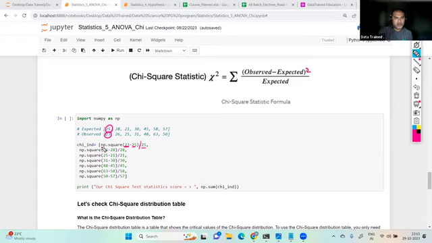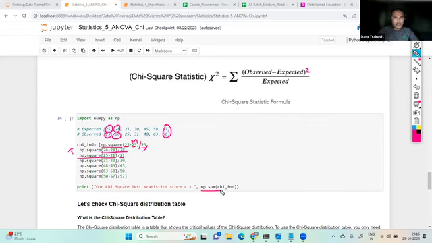I'm just going to use numpy.square. This is for Monday, and for Tuesday, observed minus expected divided by expected, this one is a square. Likewise, I will do this for all the days.